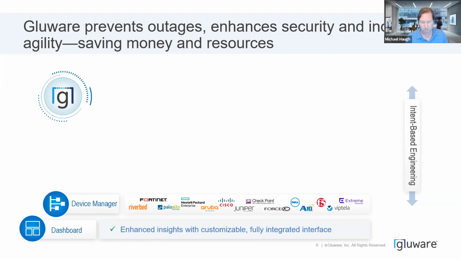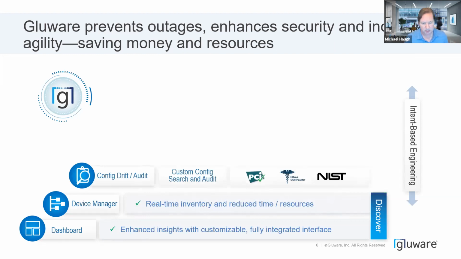So if you look at the WWS offering and Gluware, there's a lot of overlap, but there's some platforms they have that we don't, and vice versa. Again, if there's market demand and there's a need, we can onboard new vendor adapters very quickly.